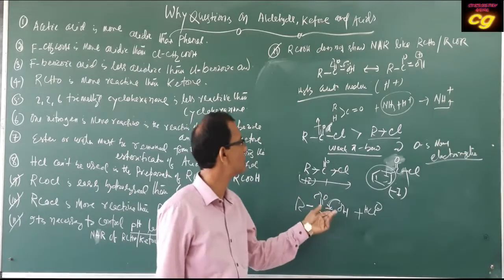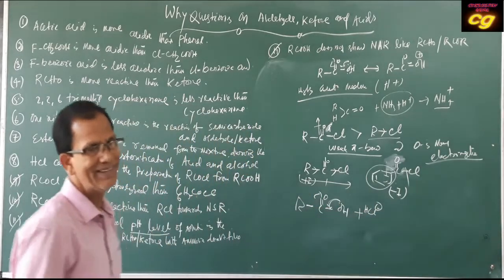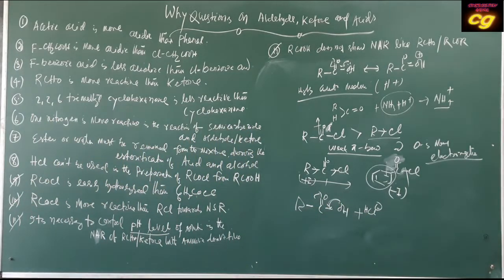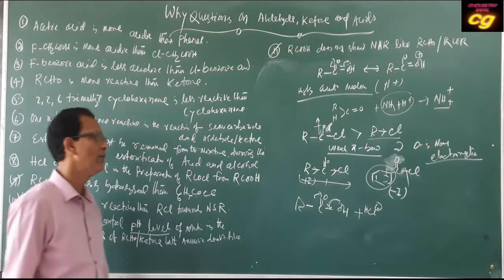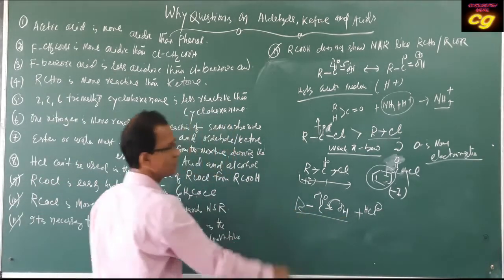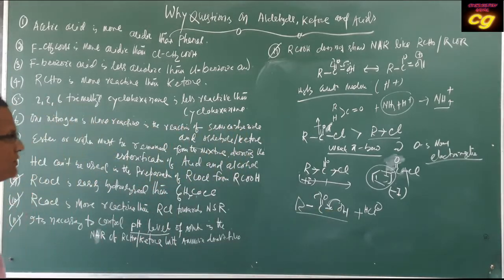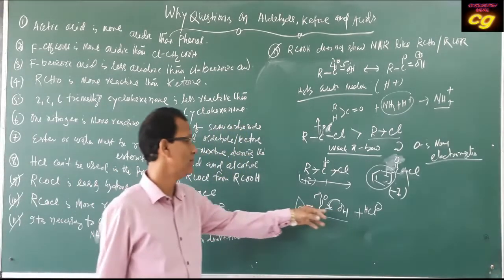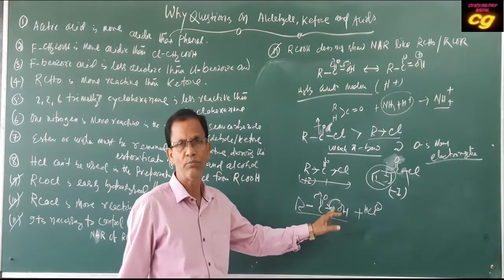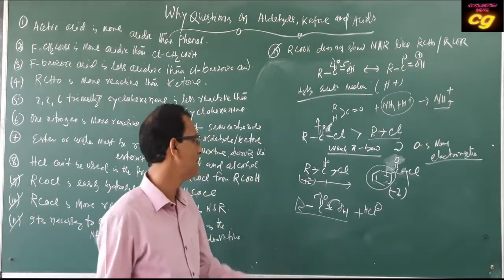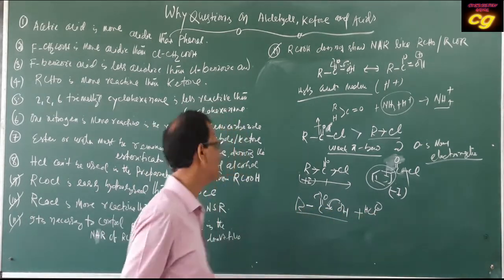That's why it cannot be substituted by Cl minus directly. That's why HCl cannot be used in the preparation of acid halide from acid directly, because it forms a double bond with the benzene and the keto group. That's why the C-OH bond strength increases. It cannot be replaced by Cl minus.